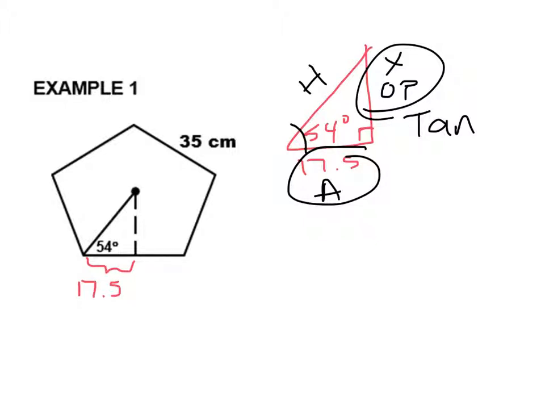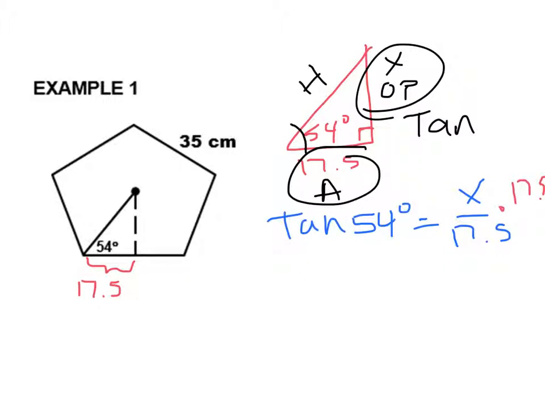So to find that x value, we're going to say the tangent of 54 degrees is equal to your opposite, which is x, over your adjacent, which is 17.5. To find out what that opposite is, we're going to multiply by 17.5 on both sides.